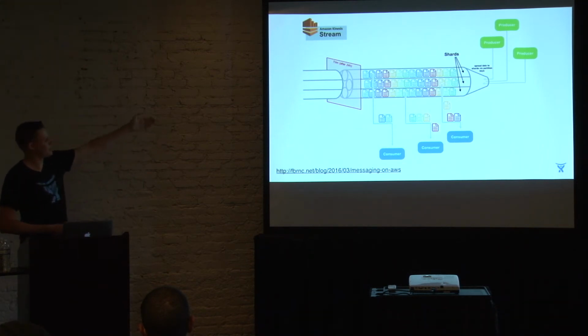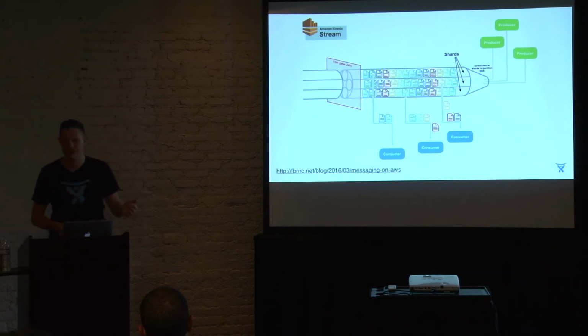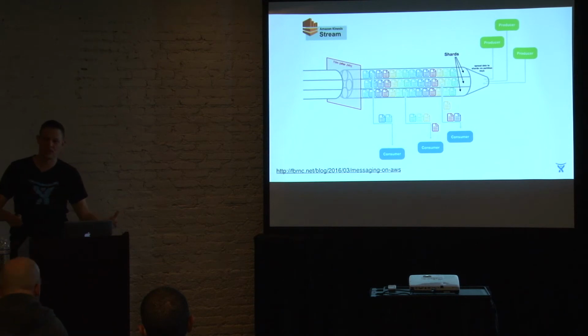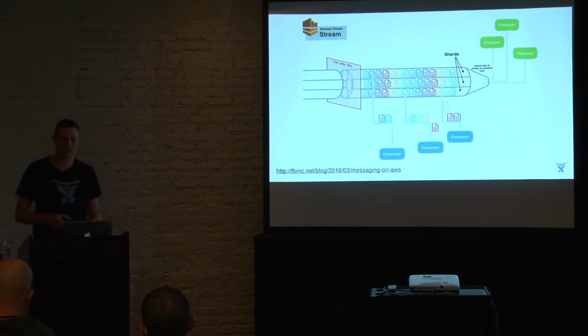And on the left-hand side, you can see there's a trim horizon. This trim horizon is crucial in the way the stream behaves because producers' events that come in actually exist in this stream until they hit the trim horizon. If the trim horizon is set to 7 days, they'll exist in the stream for 7 days. What it means is that for consumers, they can independently choose their position in the stream.